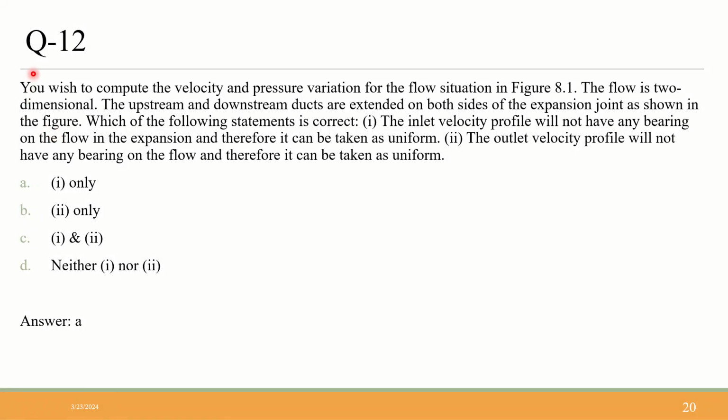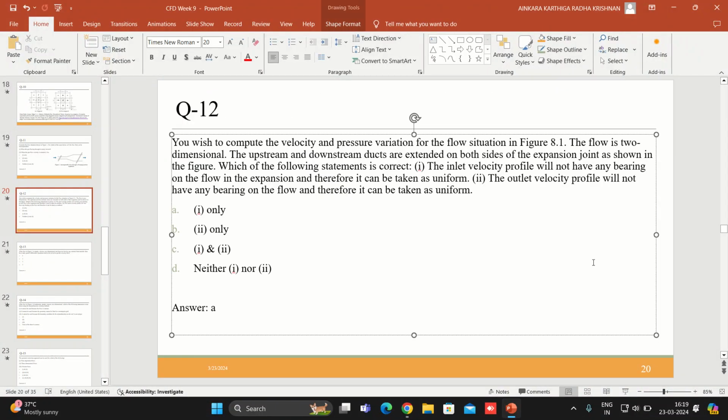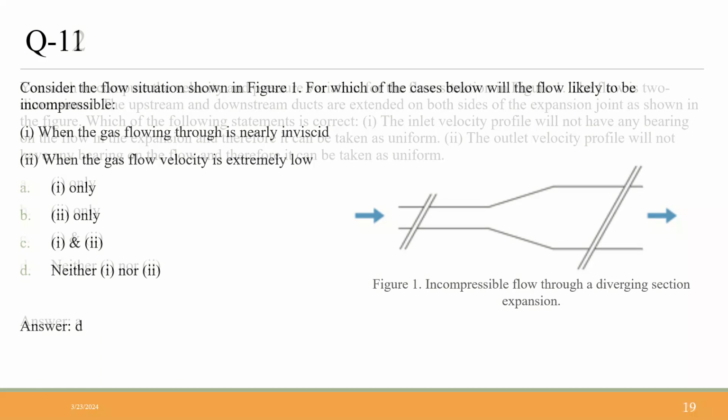Okay, question 12 is about: you wish to compute the velocity and pressure variation for the flow in figure 1. Figure 1 is what we saw in the last slide. That is a diverging section, a diverging section expansion.